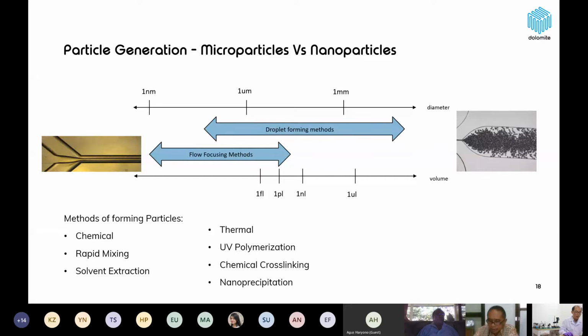So the nanoparticles, after formation inside the chip, will crash out by the solvent or continuous phase.